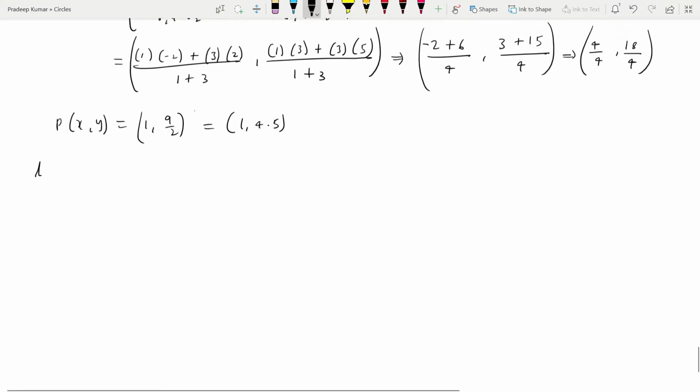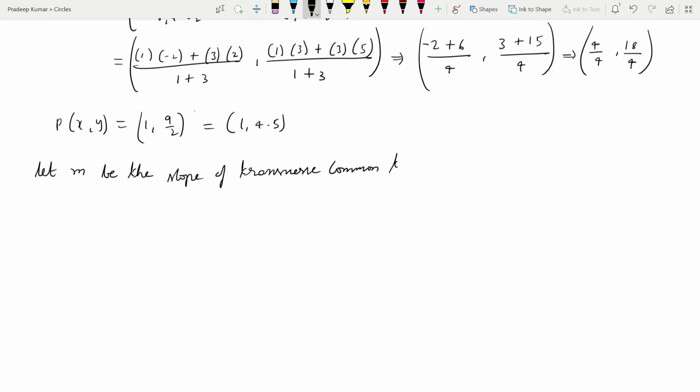Okay, so I can write here, let m be the slope of the transverse common tangent. This particular tangent which we are going to make is the common tangent for both of the circles. So I can write the equation of the transverse common tangent.